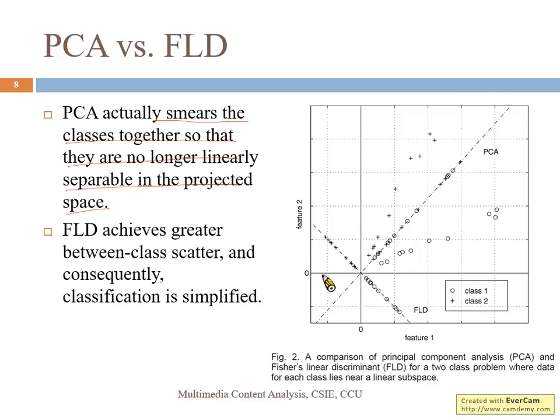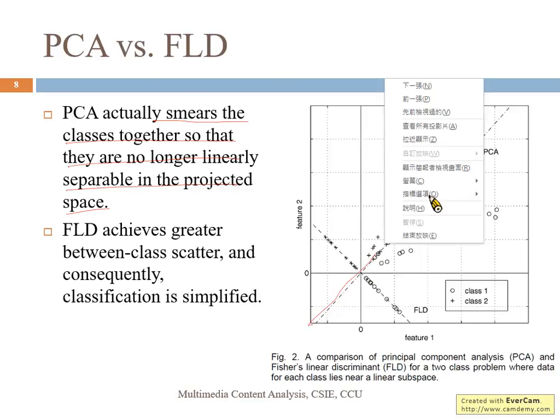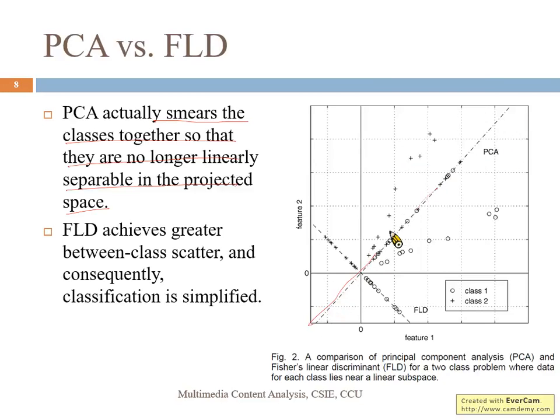When we use PCA to find the projection, we find the axis that maximizes the variation of data. Therefore, we will find this axis, and then we project the data onto this axis. So this one projects to this one, and so on. So we make the variation of the projected samples as large as possible.